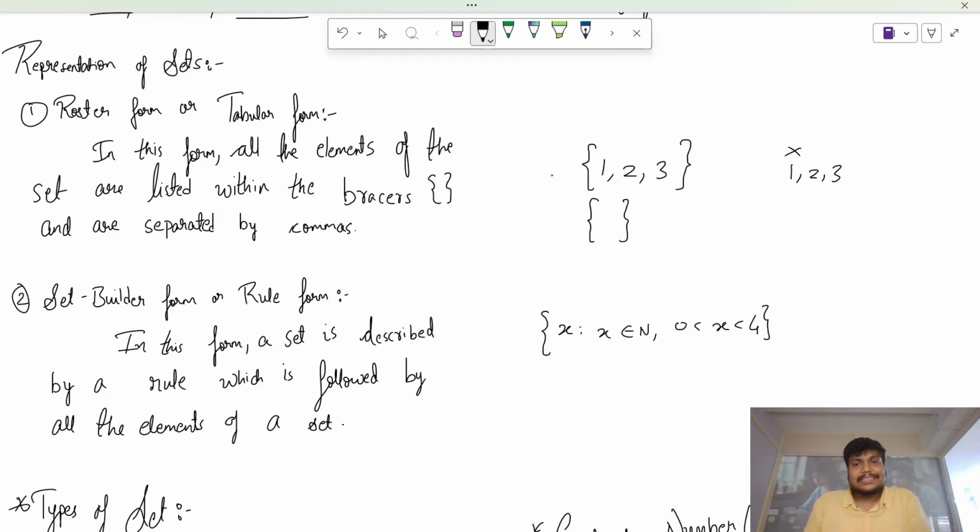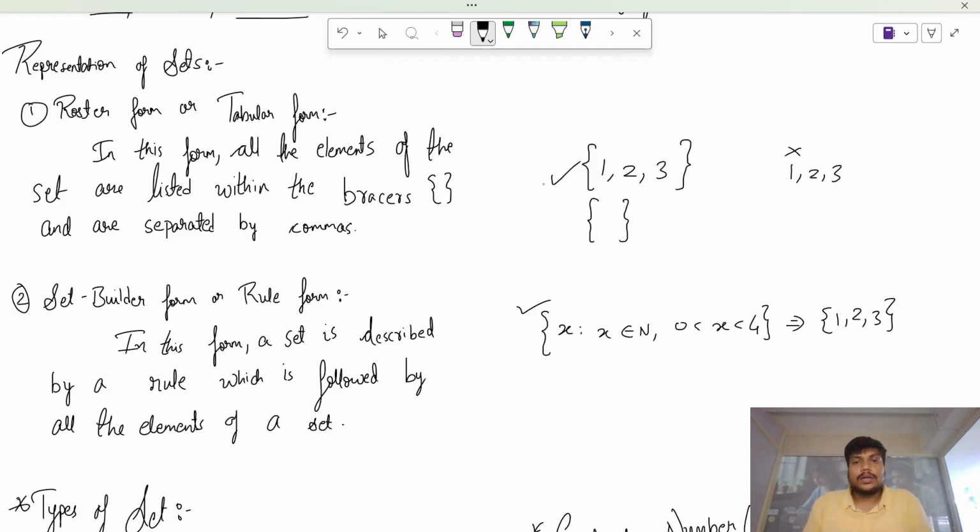Here I have directly listed out the elements. Whatever elements are in the set, I have written directly, and here I have given a description of what an element should look like. I have given some rule, and if the element follows this rule, then I would write it in the set. If I again write out the elements, then it would be 1, 2 and 3. But it's just a different way to represent it.